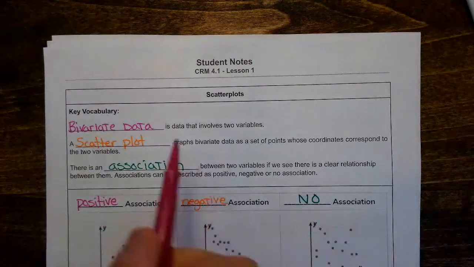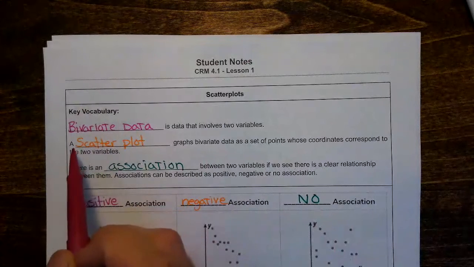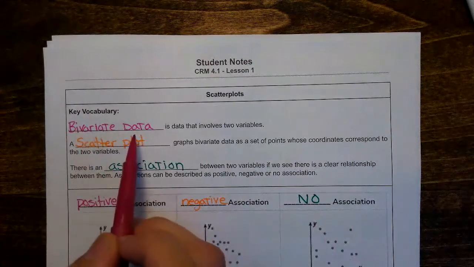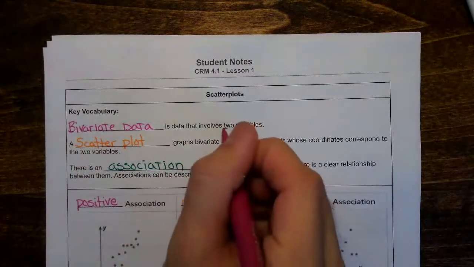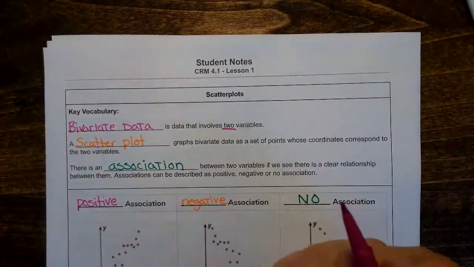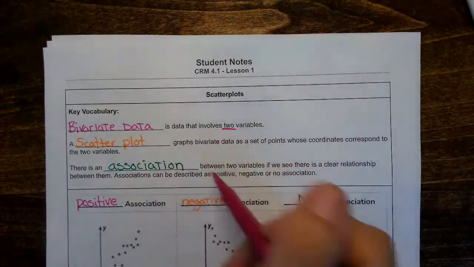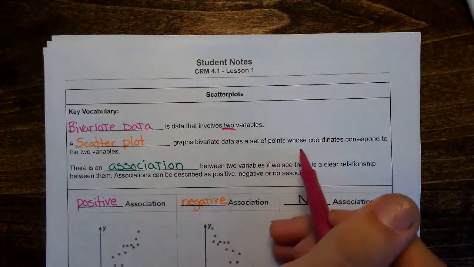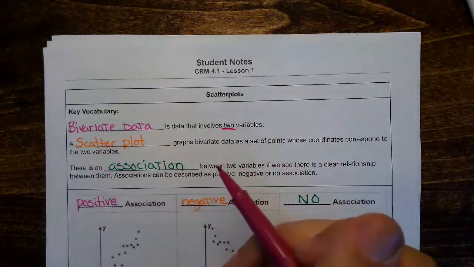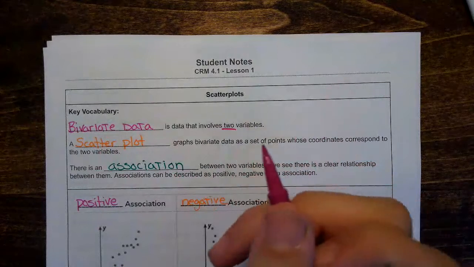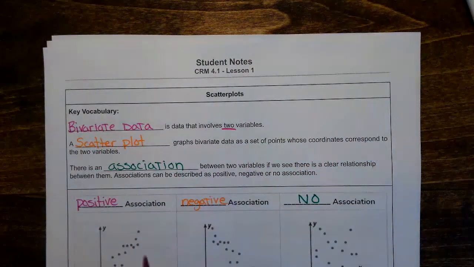All right, so in terms of vocabulary, there's 3 things you need to know. Bivariate data is data that involves 2 variables. So basically, a scatter plot. A scatter plot graphs bivariate data as a set of points whose coordinates correspond to the 2 variables. So it's just a way to visualize it, to show it, to represent the data.